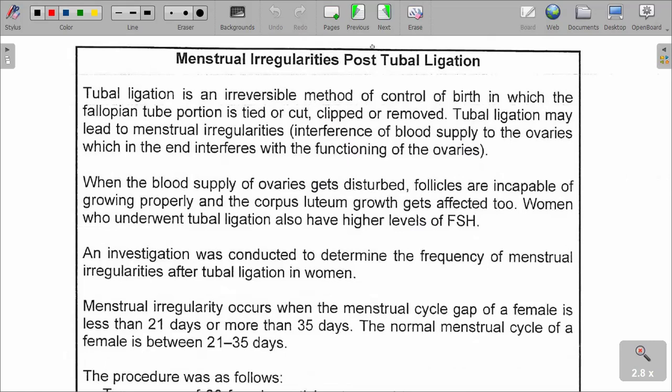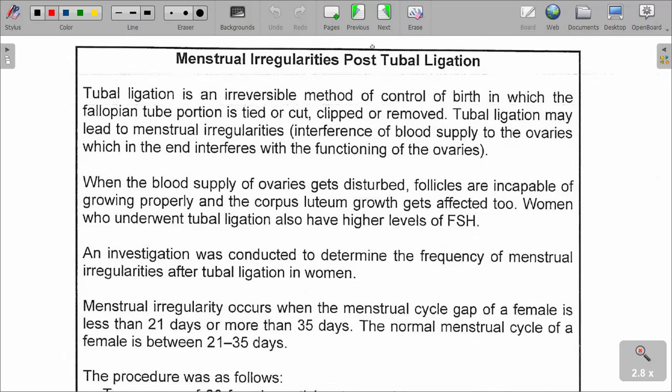Tubal ligation is an irreversible method of birth control. It is called a feminine contraceptive, or family planning method, in which the fallopian tubes or a portion of them are cut, tied, clipped or removed.